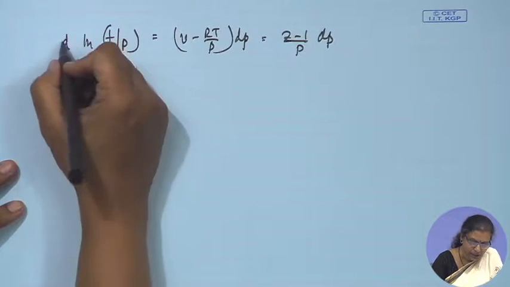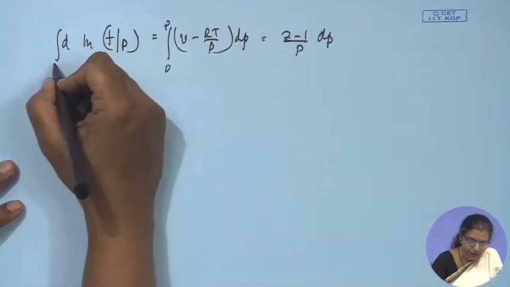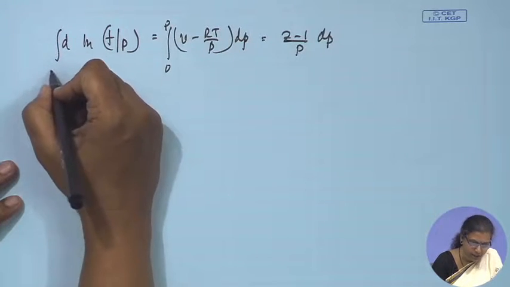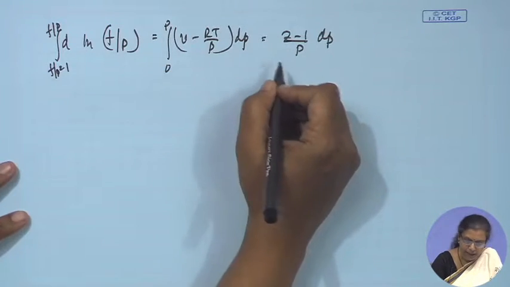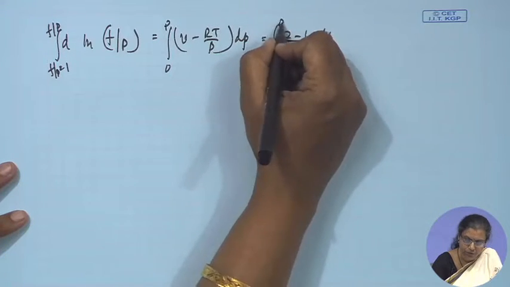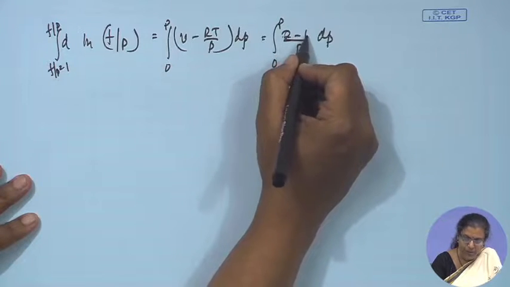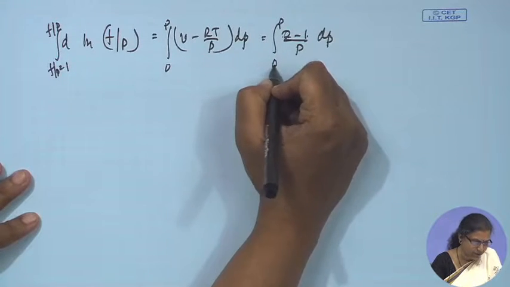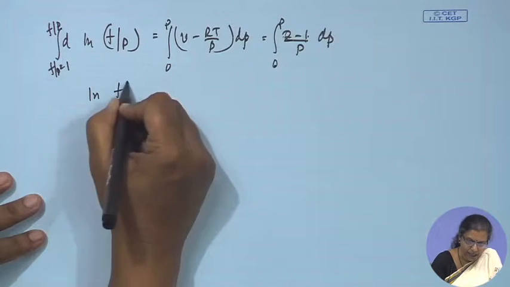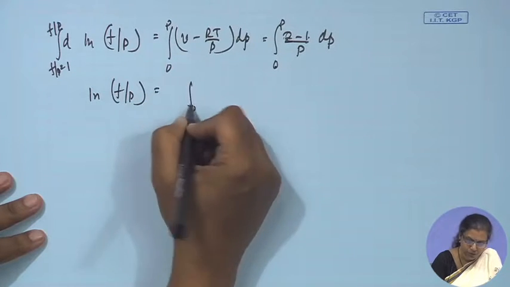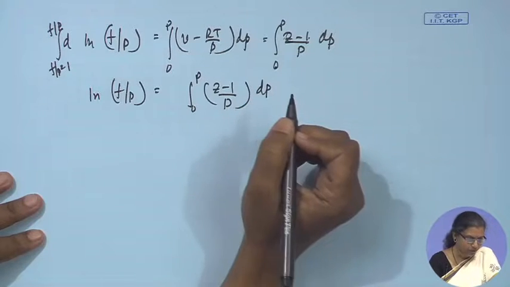Now, if I integrate it from 0 to p, we integrate from f/p equals 1 to f/p, and this equation we can also define from 0 to p. We need to remember that Z becomes equal to 1 for the limiting conditions. So we can write ln(f/p) as the integral from 0 to p of (Z minus 1)/p dp, right.